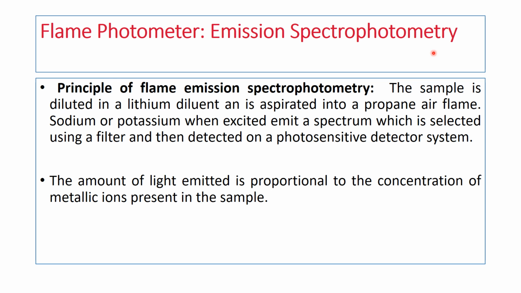So the principle of flame emission spectrophotometry is that the sample is diluted in a lithium diluent and it is aspirated into a propane air flame. Sodium or potassium, when excited, emit a spectrum which is selected using a filter and then detected on a photosensitive detector system. The amount of light emitted is proportional to the concentration of the ion present in the sample.